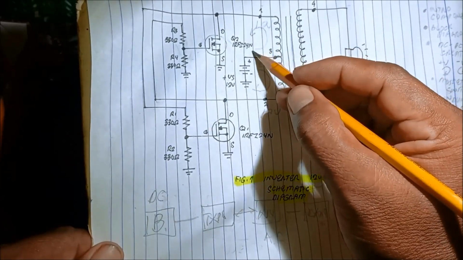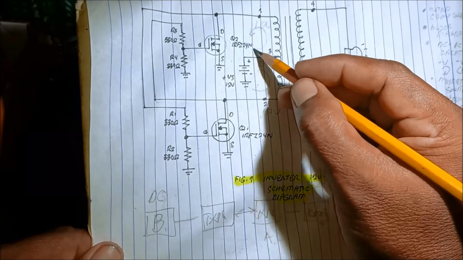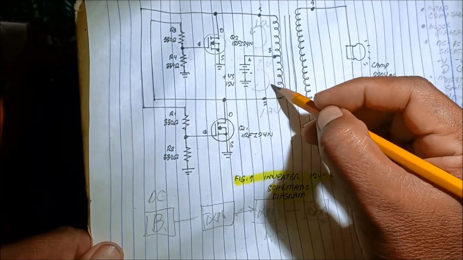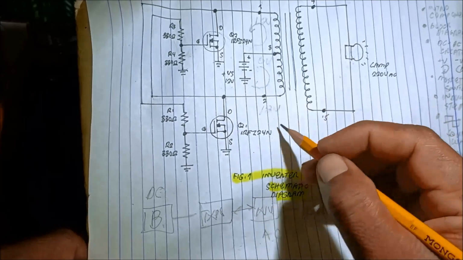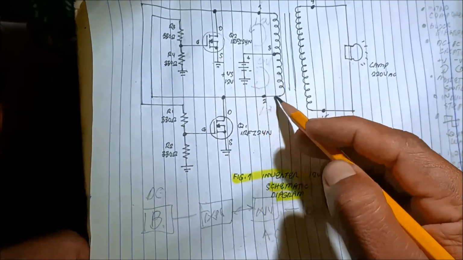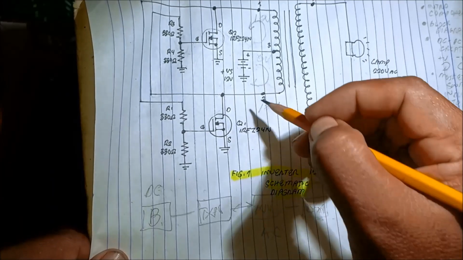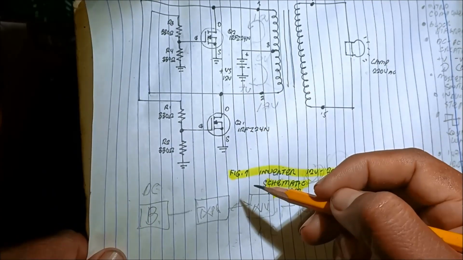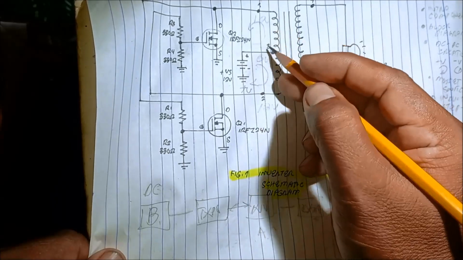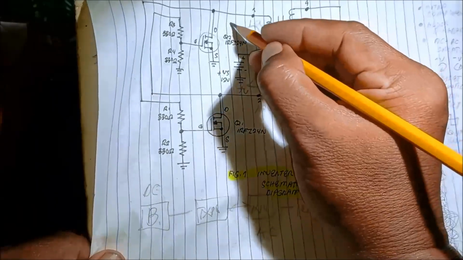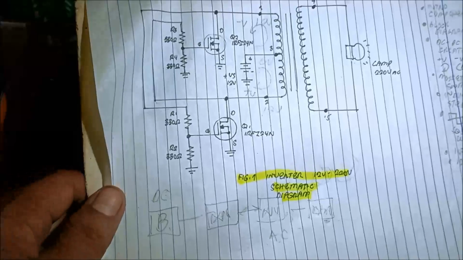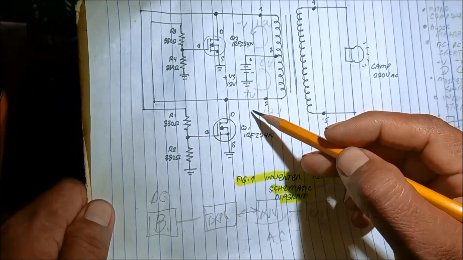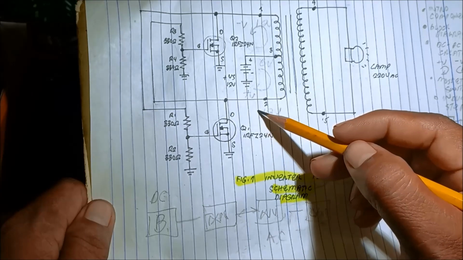Current flows from 3 to 1, or counterclockwise, and then clockwise. In theory, when we are saying clockwise, it refers to creating a positive voltage. How about the counterclockwise? It is the negative voltage. So with the use of the transformer, we are creating a positive and negative voltage.